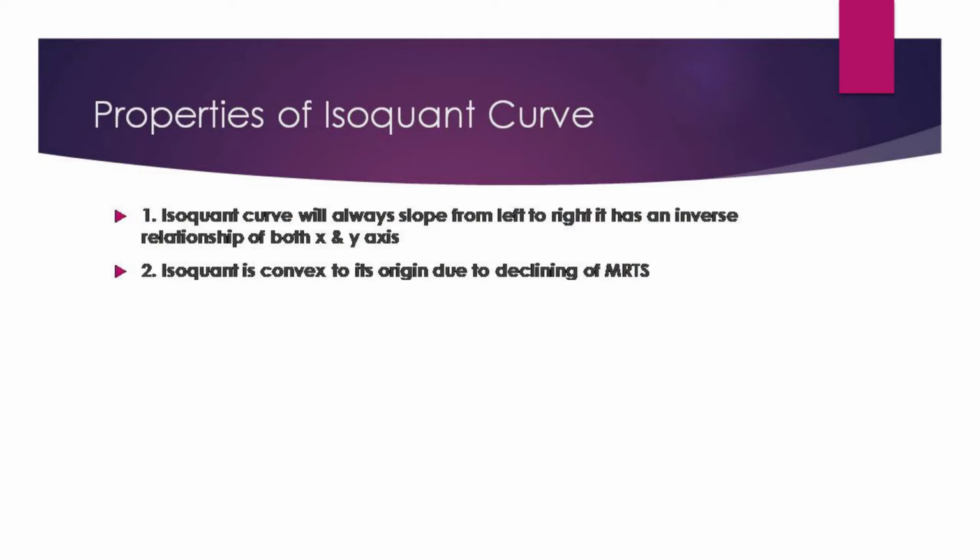Suppose you are not adopting the technology and only using labor, the output will go down. Or if you are using the same old machines for more than 10 or 15 years, the output will be very, very less. So this isoquant curve is convex to its origin due to the decline of the marginal rate of technical substitution.